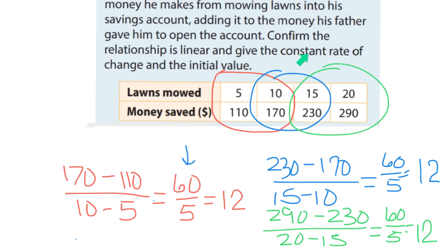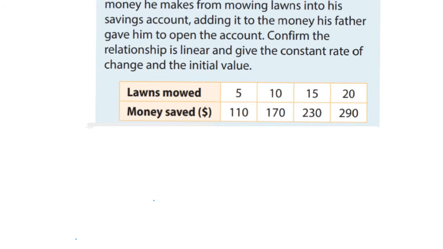You also found the constant rate of change, which in this case is 12. Okay, so my constant rate of change equals 12.